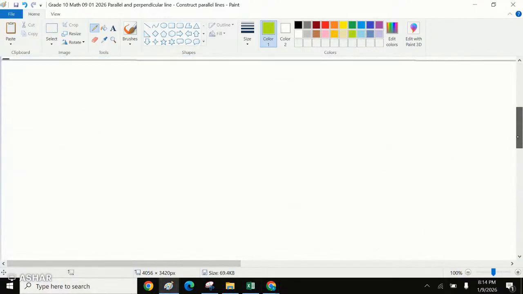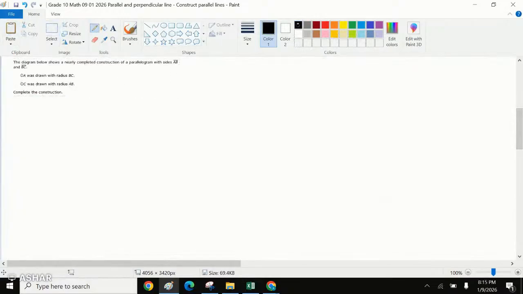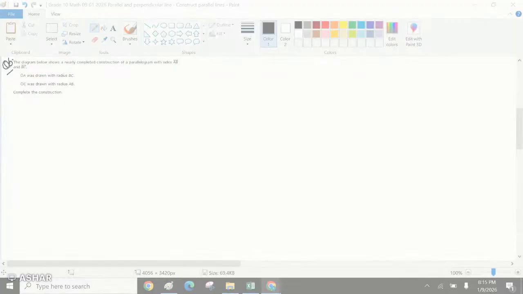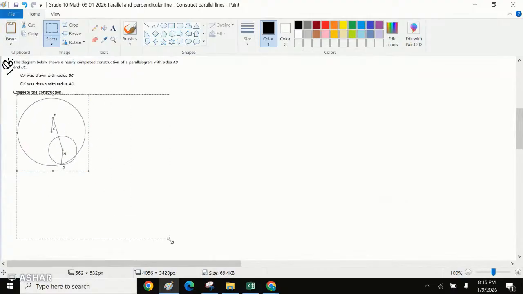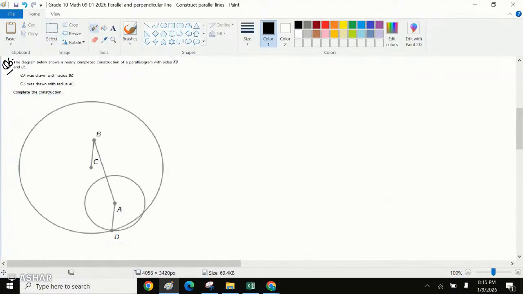This is the statement given, and the diagram given for us, right? In the diagram, there are two circles given to us, a little different shape. Let's see what can be done with these two circles.